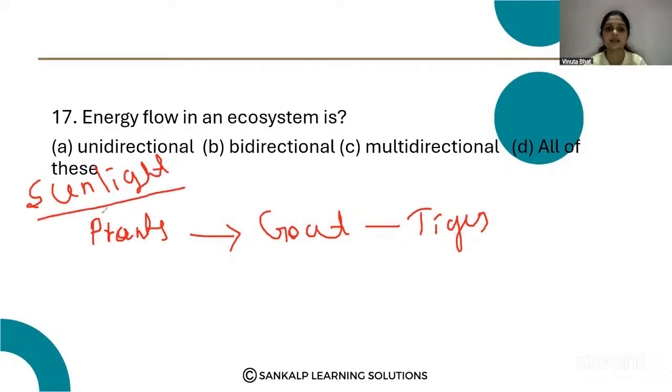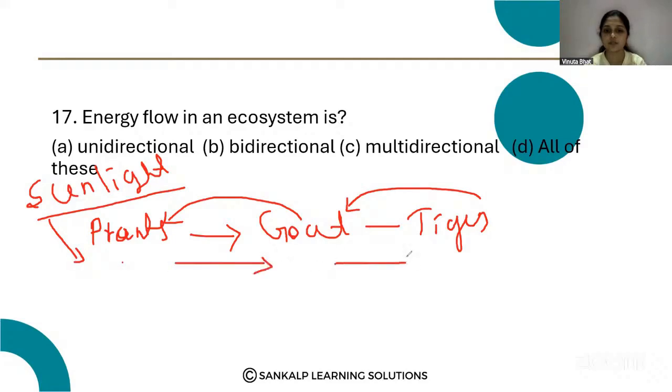When sunlight falls on the plants, they utilize the sunlight and produce energy, the goat consumes the plants and gets the energy, and the tiger consumes the goat and gets the energy. So energy from the sun passes to the plants, the producers, then to the goat, then to the tiger. So that is moving always in a single direction.